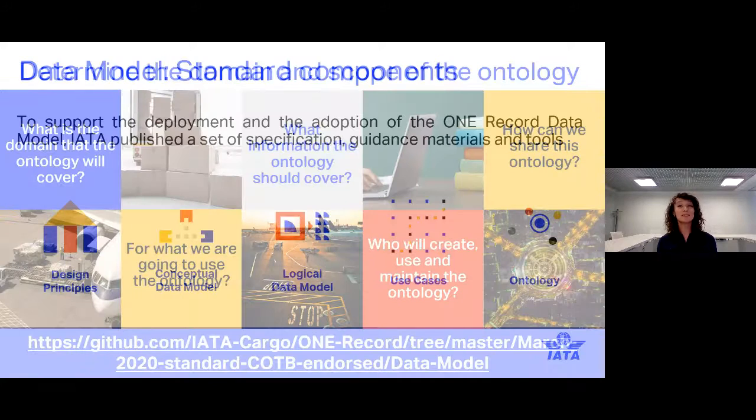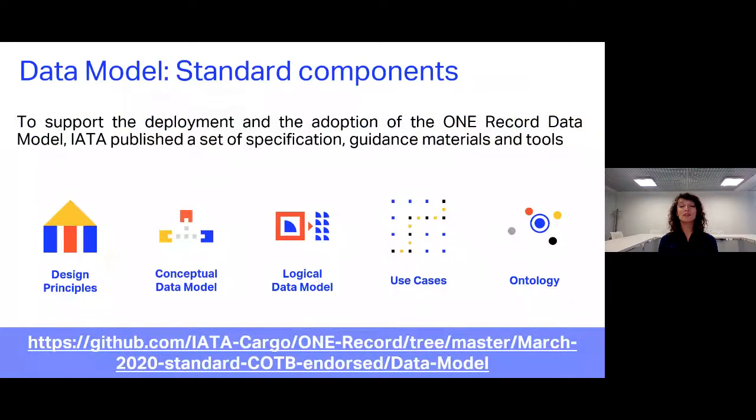Regarding the components of the One Record data model, my colleagues Christophe and David made very nice presentations last week regarding these components. If you have missed it, you can find it on our One Record page on the IATA website.